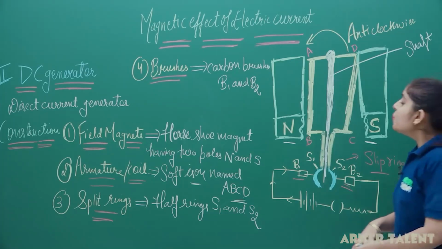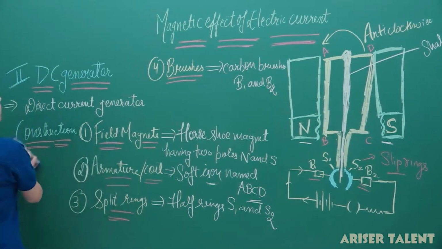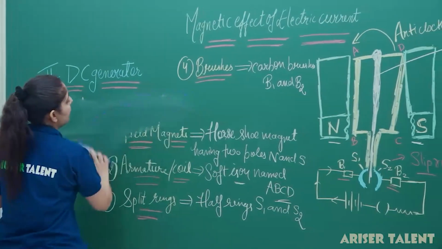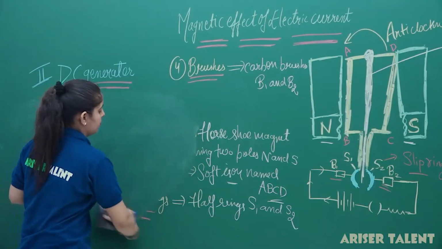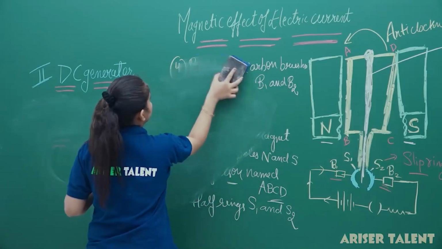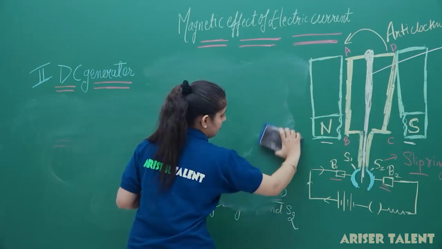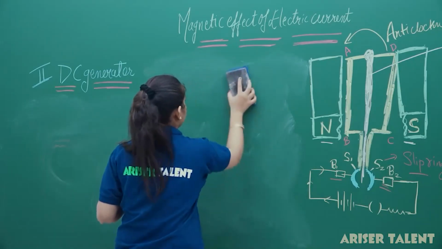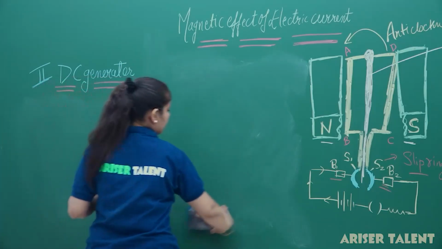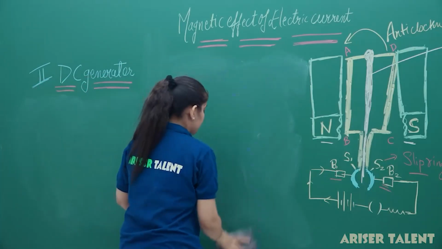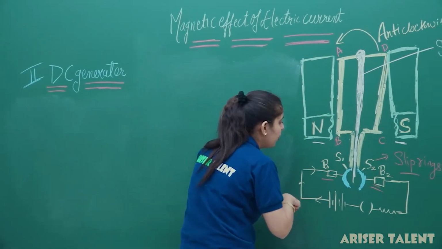Now, let's move to the working part of the DC generator. These split rings are connected to the commutator part we have.